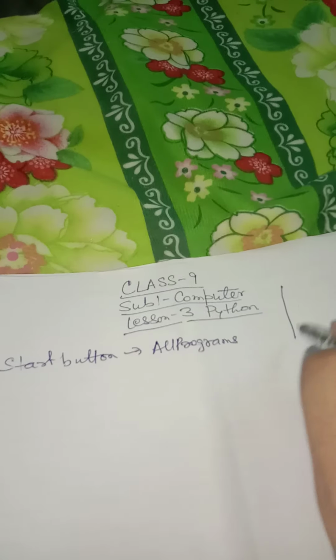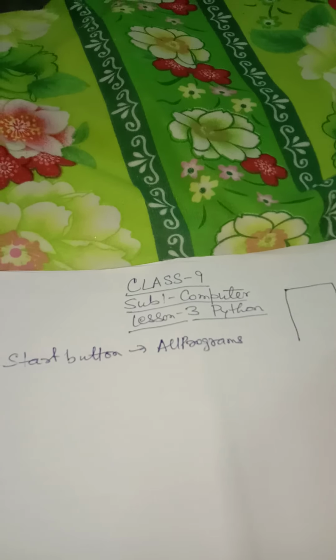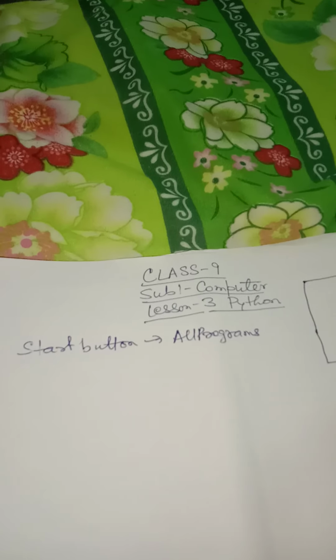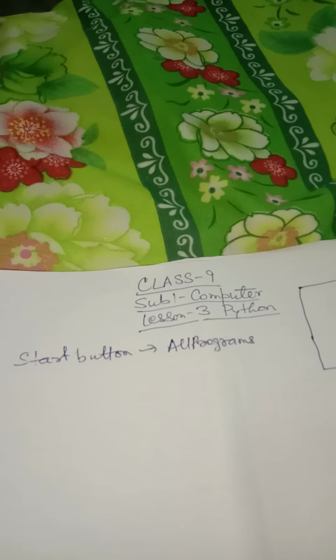When the menu of all programs appears like this, there we will get a folder named Python, and the version of Python will be written over it. Suppose we are using version 3.6, so we will get the Python 3.6 folder.